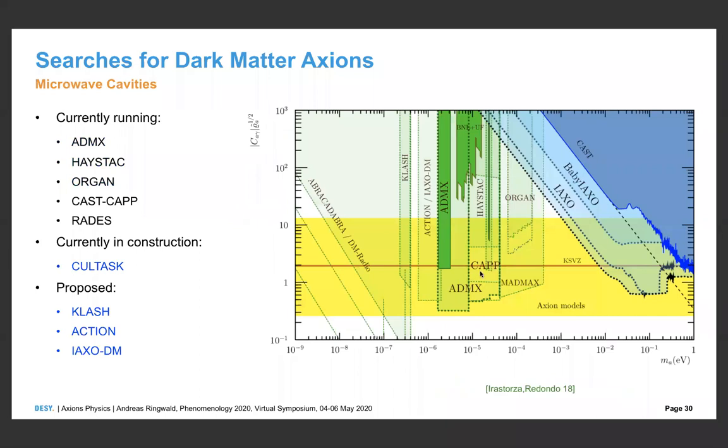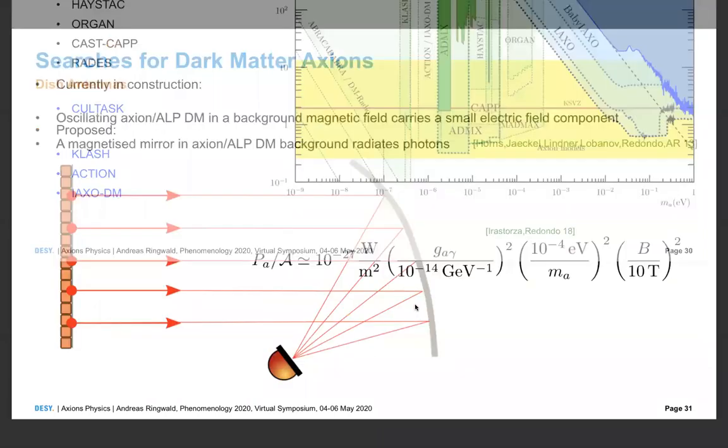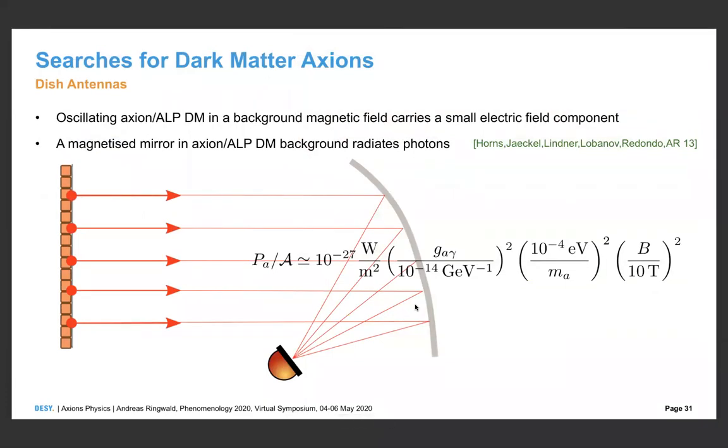And these microwave cavity experiments, you will see, end somehow at something like 40, 50 micro-electron volt, and they don't cover really the post-inflationary scenario. And in order to cover this post-inflationary scenario, there have been proposals like the one which I'm now just mentioning.